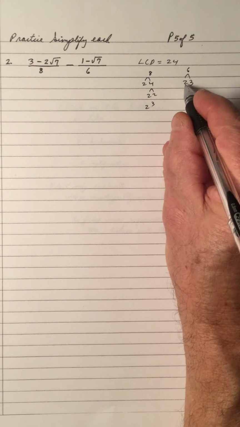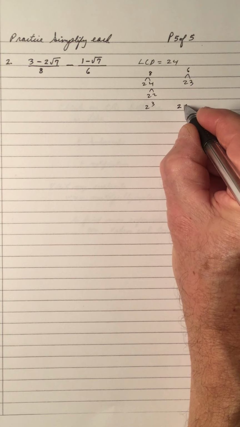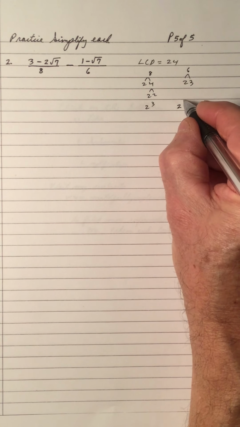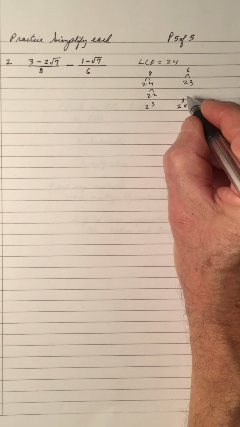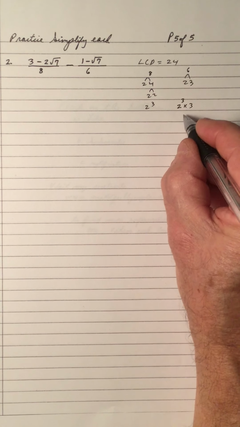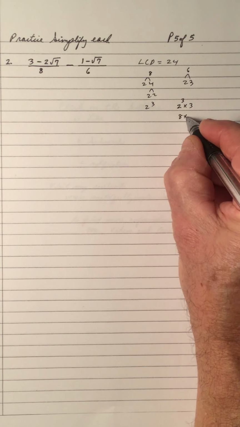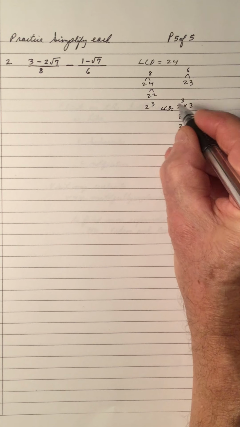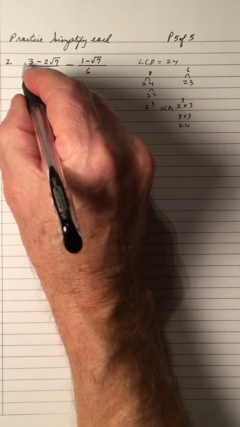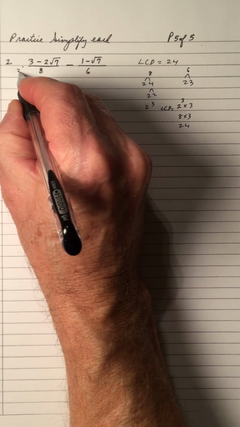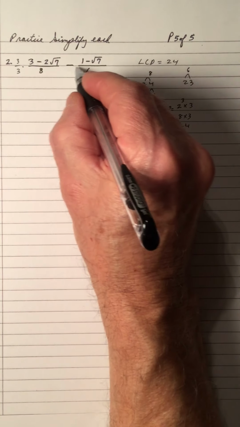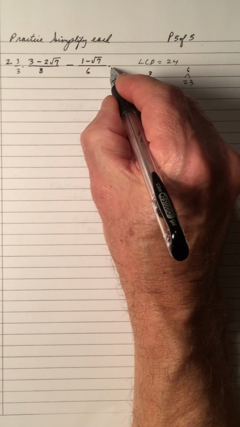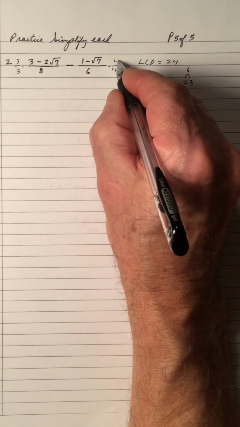So we have to write down each factor of a 2 and a 3, but we take the highest exponent. The exponent of 2 is 3, and 3 is there once, so that's 8 times 3, the LCD of 24. That means we have to multiply this one by 3, top and bottom, and we have to multiply this one by 4, top and bottom.